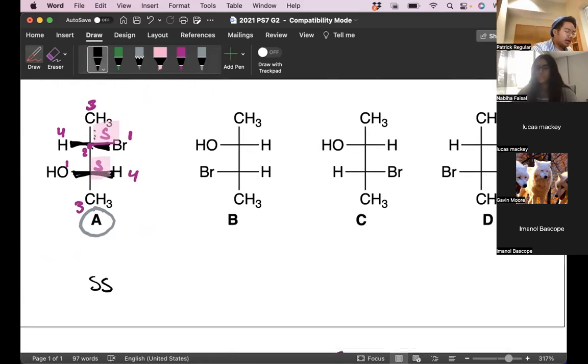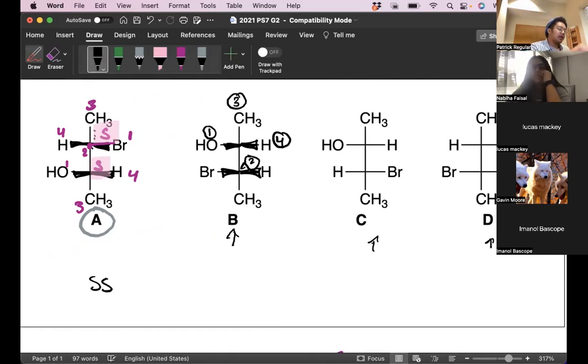So now we look at B, C, and D. I'm just going to do one example of these. I like drawing the wedges personally. So this is 4, this is 1, obviously. This carbon right here is 2 because that's a carbon connected to a bromine, and this is going to be 3.